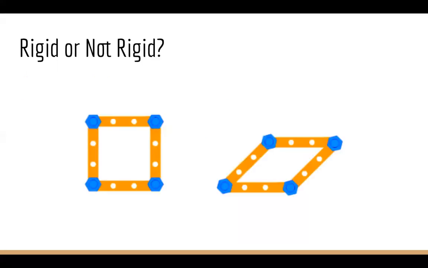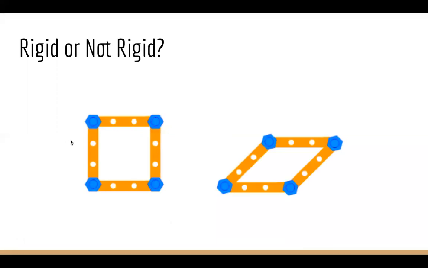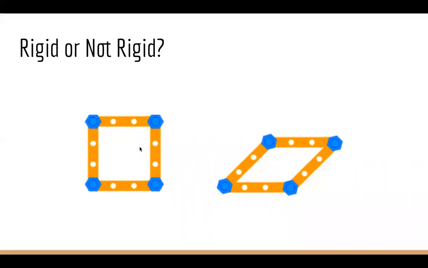Let's see. Is this a rigid transformation? Let's look at it. This looks like a little square with a bolt on the corners or vertices. And then it comes over here.